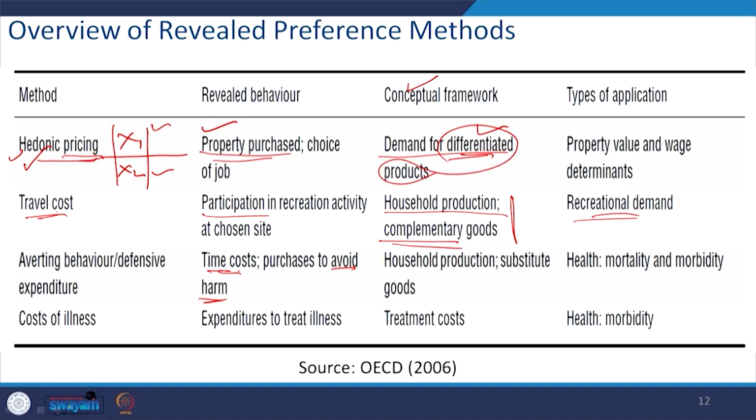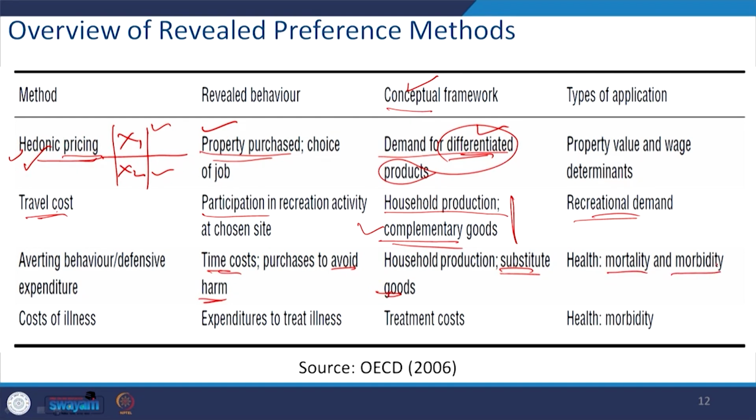As for the conceptual framework, it takes into account substitute goods, not complementary goods, and it is also under the household production approach. The defensive expenditure method is applicable to mortality and morbidity, so far as the health issues of individuals are concerned.